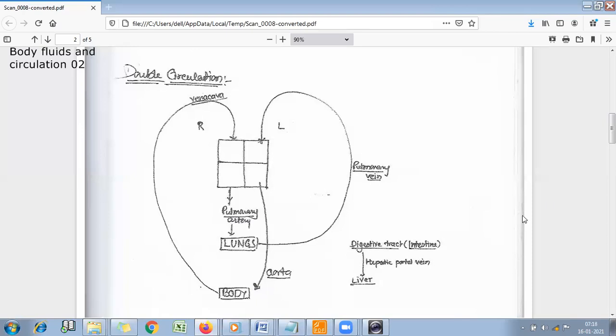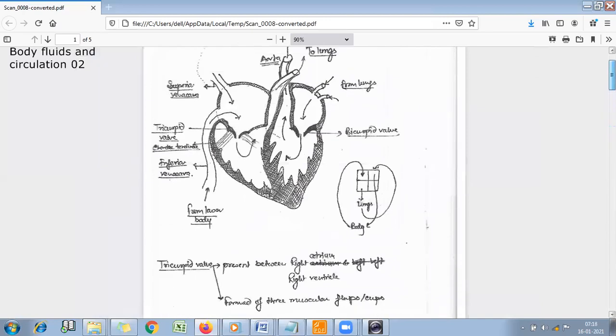body through the aorta. So now we can remember this: through the superior and inferior vena cava, the deoxygenated blood comes into the atrium and is transported into the ventricle, and through the ventricle it is transported into the lungs. When the blood is oxygenated in the lung, it is pushed into the left atrium.